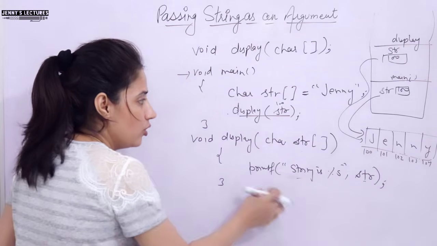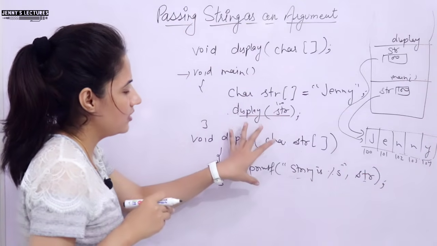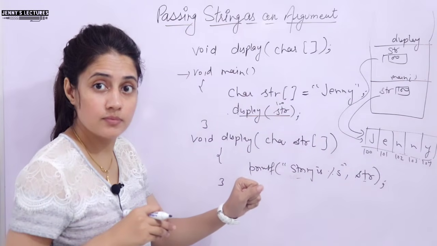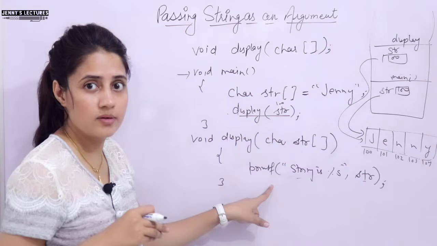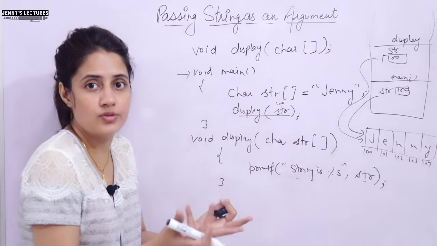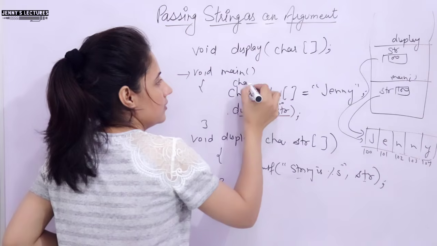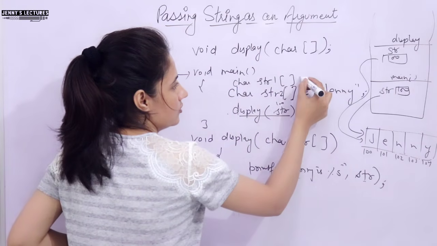And if you want to modify something in this Jenny, suppose I modify this program, we are going to find out the length of the string. We will pass the string and find out its length, right? Or suppose you want to pass two strings. Let's take two strings, char str1 and char str2.